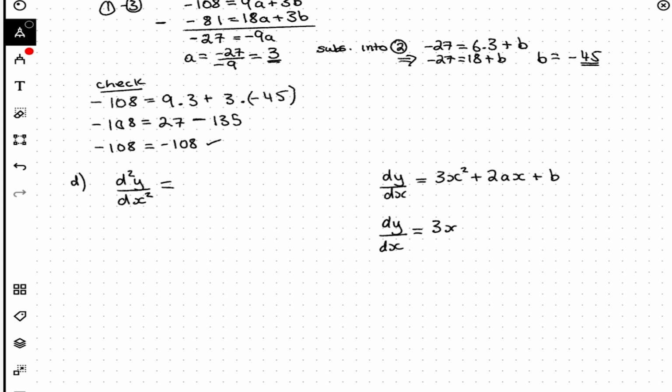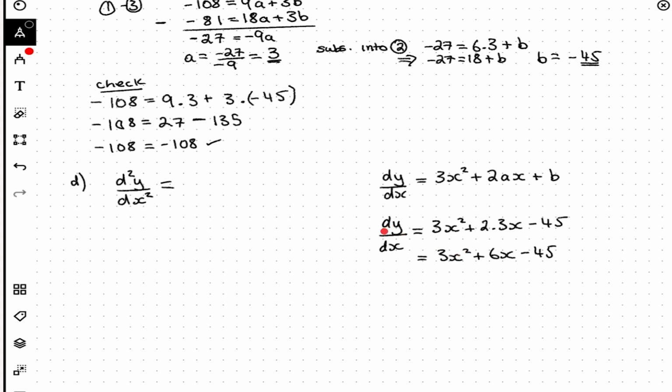So I'll get 3x squared plus 2 times 3, which is 6x, and then I've got minus 45. So 3x squared plus 6x minus 45.